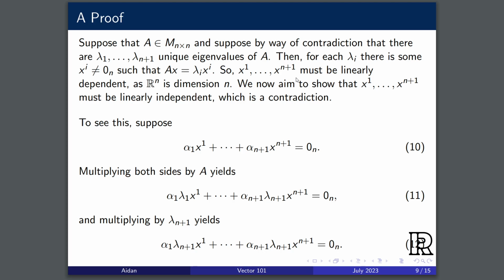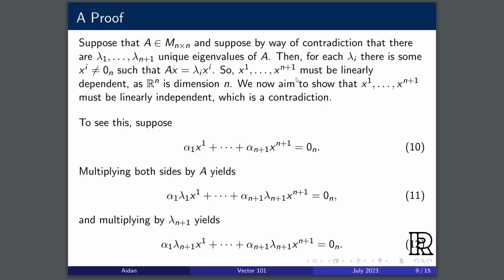Are there any questions about the kind of proof we're about to do, which is that we're going to try and prove that this list is simultaneously linearly independent and linearly dependent? Also, I'm not sure if Ethan has ever seen this proof.